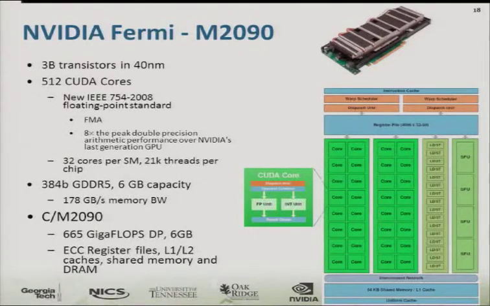The other key is, for the longest time, GPUs didn't have ECC anywhere. I mean, think about it. If you're building a graphics card for your gaming and you have to reboot, no big deal. But if you put 18,000 of these in one large system and you have some probability you're going to have to reboot them occasionally, that's probably all you're going to do. And so they've added ECC to almost all of the components on GPUs today.